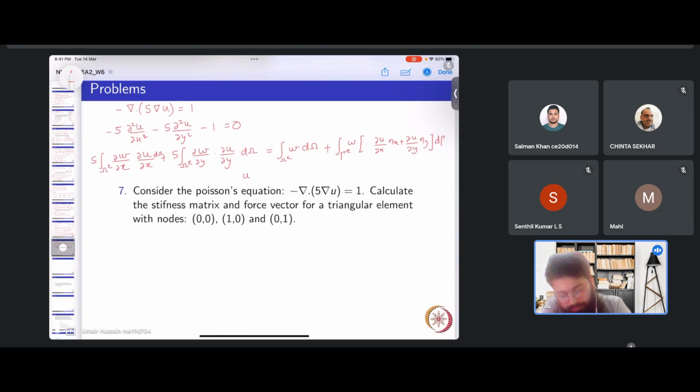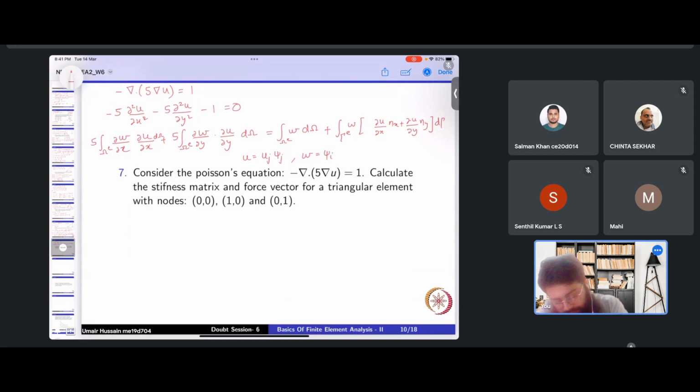So if we approximate u as uj psi j, w as psi i, we can write the above equation as dou psi i by dou x, dou psi i by dou y times dou psi j uj times dou y.